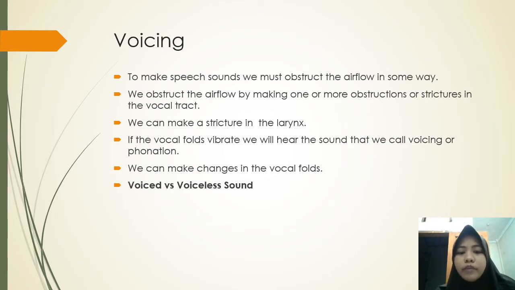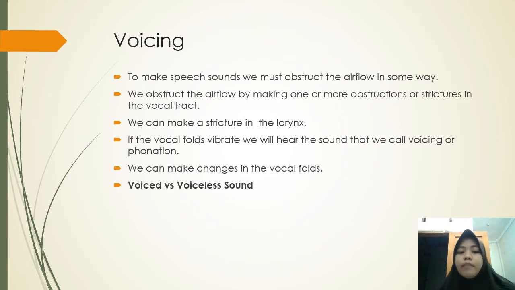We obstruct the airflow by making one or more obstructions, or strictures, in the vocal tract. When we make the obstruction, it is along our vocal tract. In our first meeting, we already reviewed the vocal tract that we have: the pharynx, the velum, the palate, the alveolar ridge, teeth, tongue, and lips.